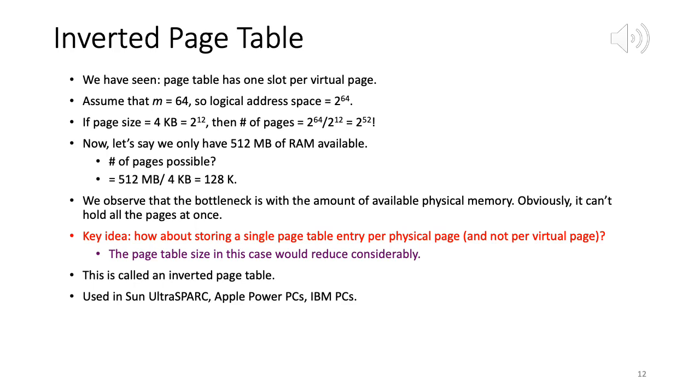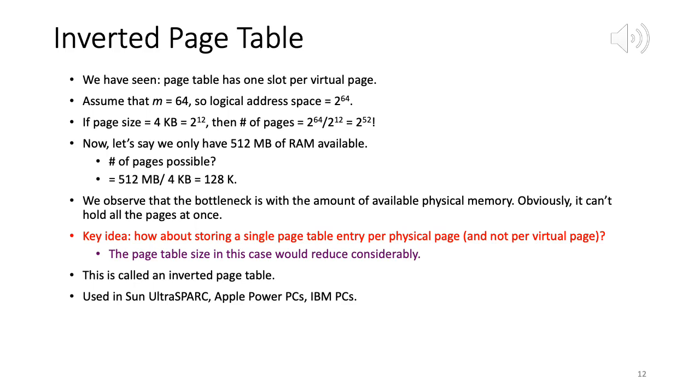We saw the structure of the page table. It has one slot per virtual page number, because P is used as the index to look up into the page table. So from the address we extract P, the page number used as an index. For a 32-bit address, P is 20 bits, so we have 2 raised to 20 entries, right?